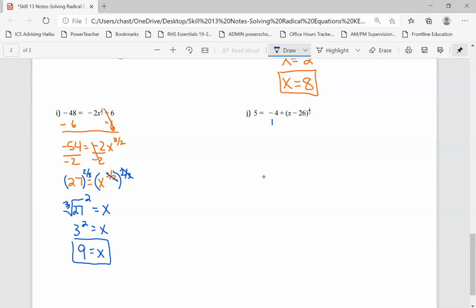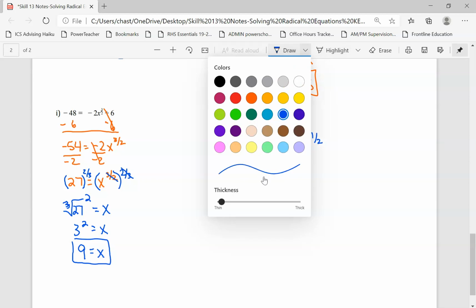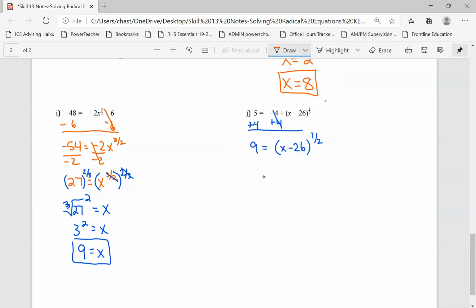Alright, last one, we need to add 4 to both sides. That gives us 9 equals x minus 26 to the 1/2 power. Alright, so now we've isolated the part that has the 1/2, and this expression is what's being raised to the 1/2. So what we have to do is raise both sides to the power of 2/1, which is just 2.